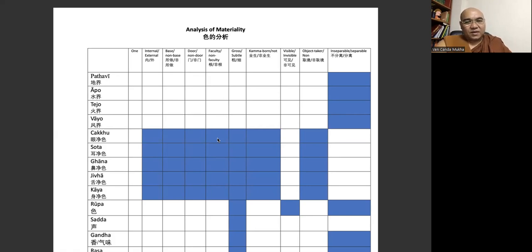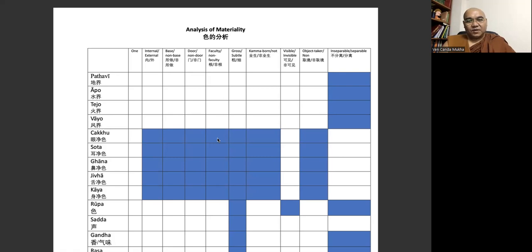If you have a governor, he governs the city. In that city, everything he can order, and everyone obeys his order. So also in our body we have faculties, like Cakkhundriya, the eye faculty.